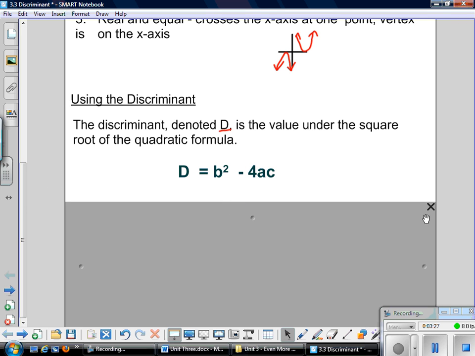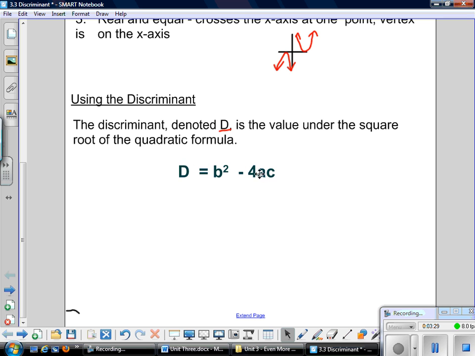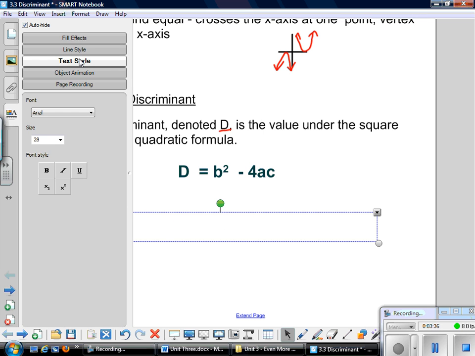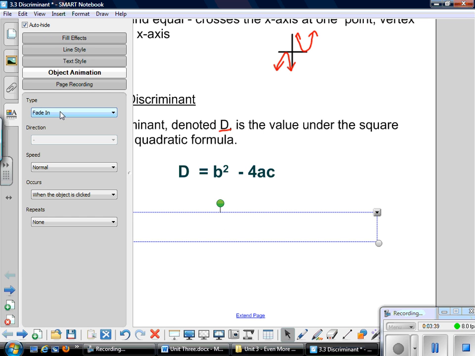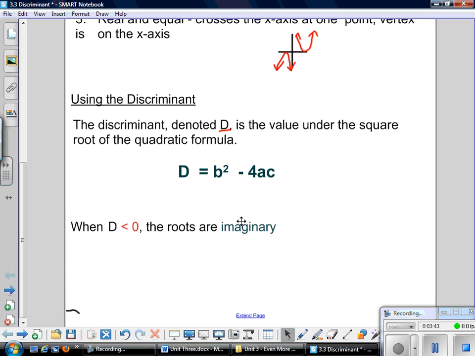So when I substitute values into this, my b, a, and c, it will tell me, first of all, when D is less than 0. So in other words, when it's negative, it means the roots are imaginary. So it would be taking a square root of a negative number. And you know that that's impossible.